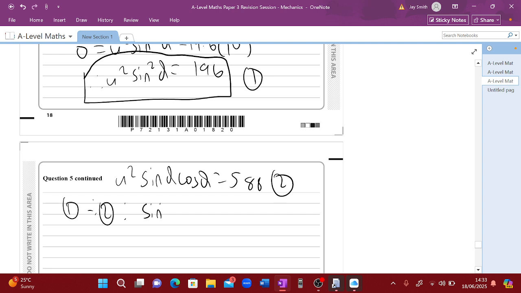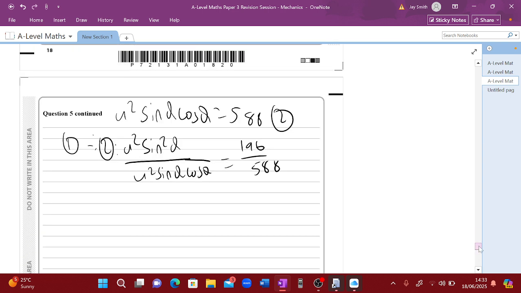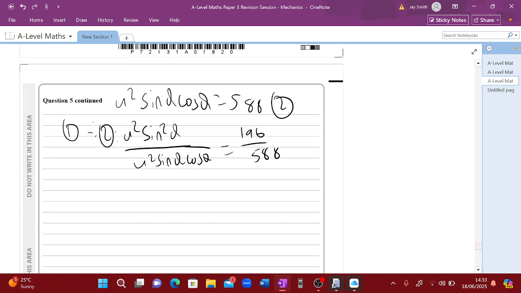So U squared sine squared alpha over U squared sine alpha cos alpha would equal 196 over 588. Right, the U squared would cancel, and one of the sines will cancel, so that'd be sine alpha over cos alpha, wouldn't it, is equal to 196 over 588.